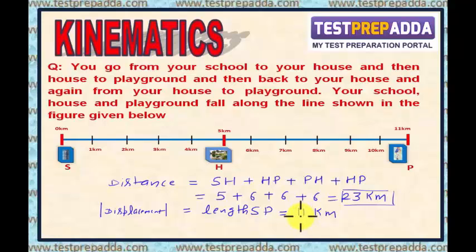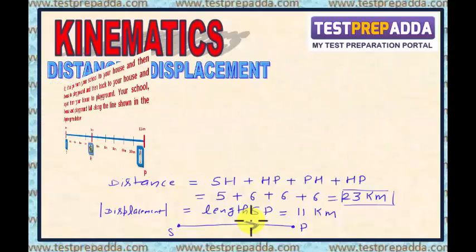And what is the direction? Direction is from school to playground. This is the direction of the displacement. Now I'll take another question here.